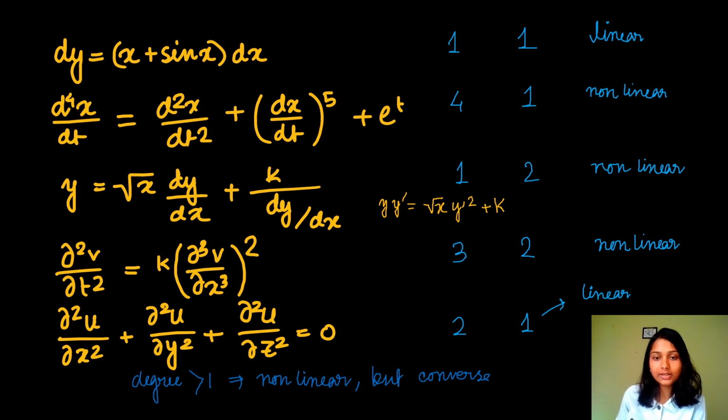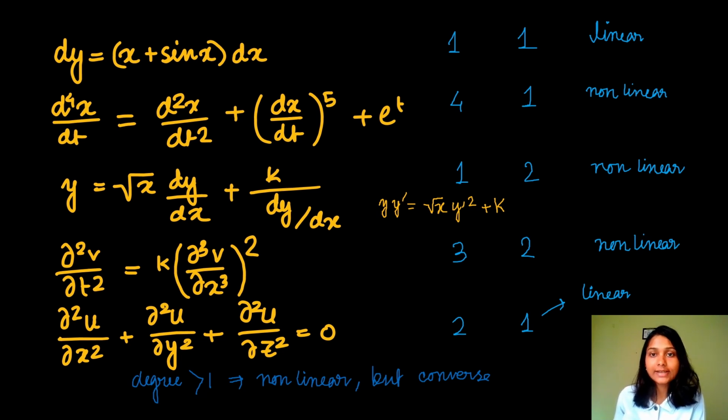As we can see, suppose we have this equation here, and suppose we don't have this 2. Let us assume that this one is 1. Then this equation will be an equation of degree 1, but it has a multiplication term, therefore it is non-linear.